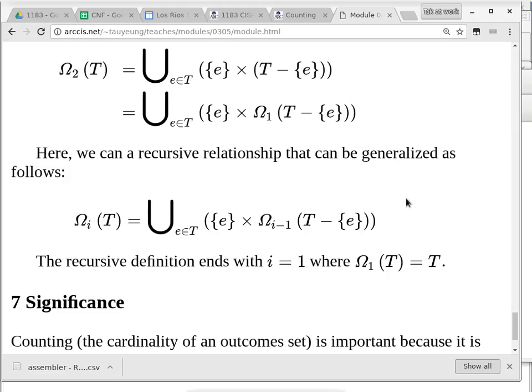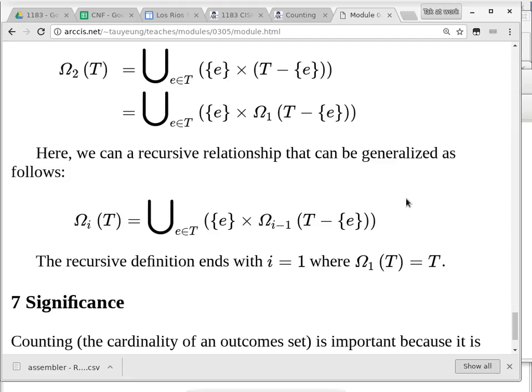You pick every single possible one out of T, and then you have E, which is the same as what we had before, but this time I use a recursive definition, because I'm just saying that there are this many ways to choose the outcomes of the first trial. Each one has to be Cartesian product with the possible outcomes of choosing everything except for E, and we have one fewer trials to consider as a sub-experiment.